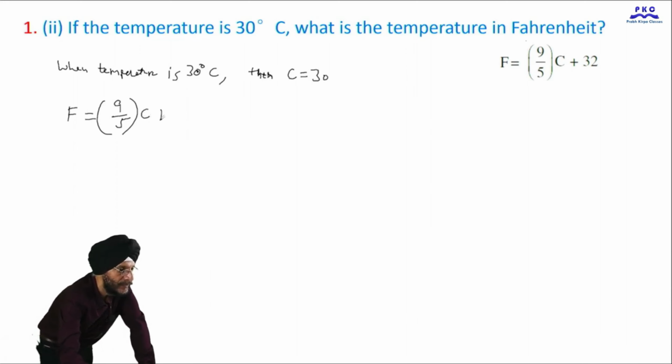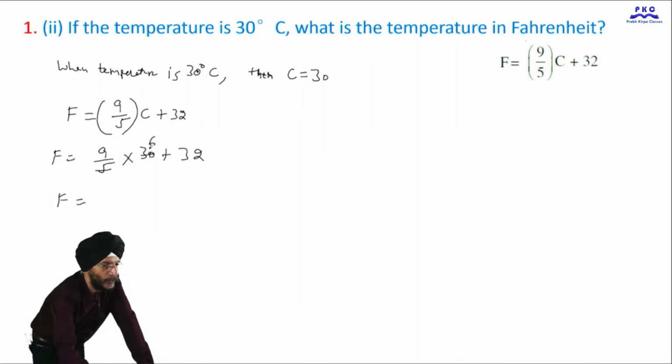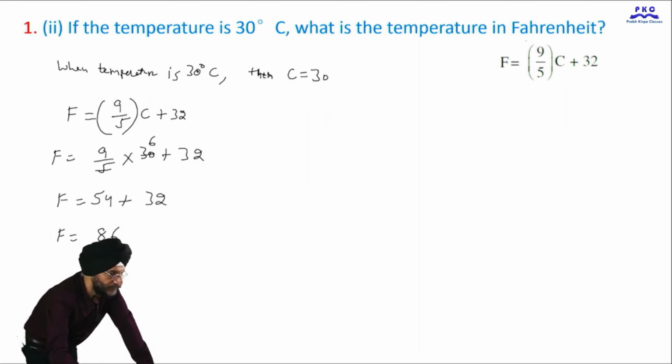So now we will fill the value of C here. What is the value of C? 30 plus 32. So now we will divide 30 by 5. 9 into 6, 54. 54 plus 32, it becomes 86.